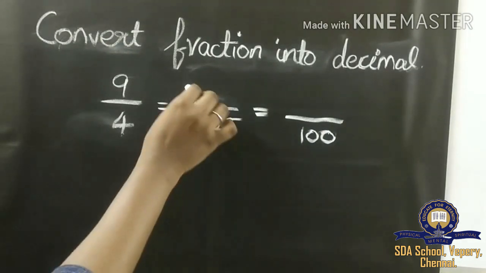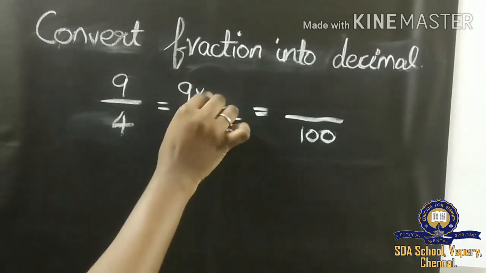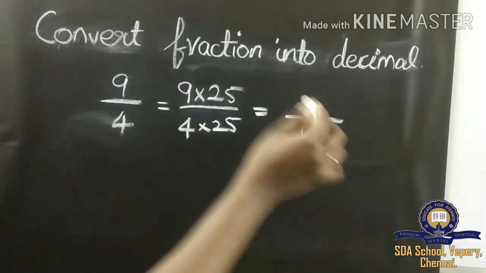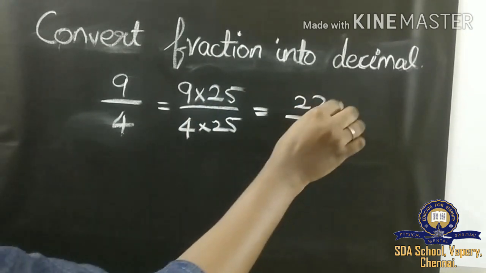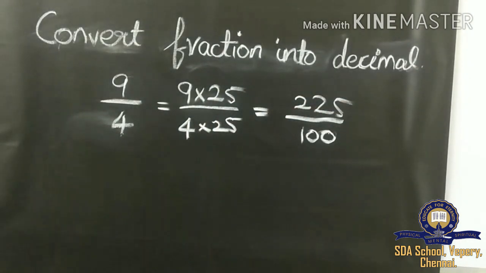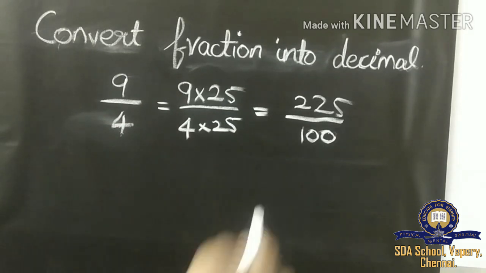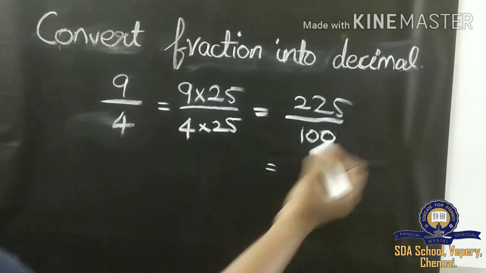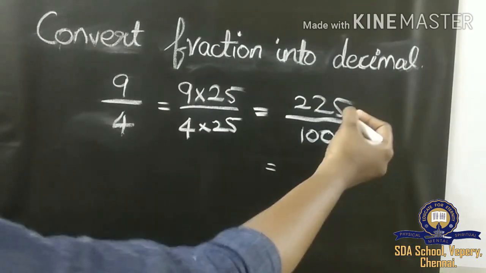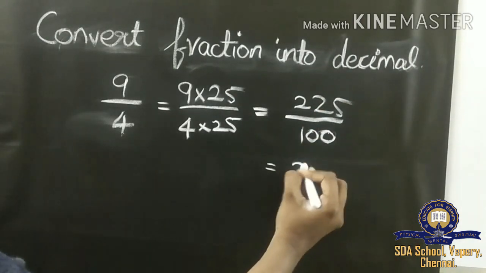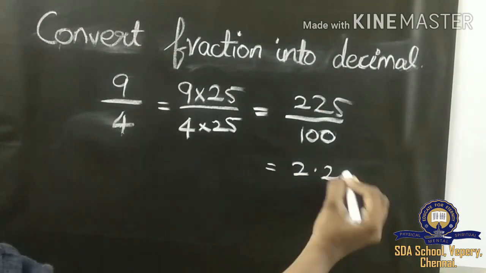If you multiply 9 into 25, the answer will be 225. Okay. Here you can see that in the denominator there are two zeros. So you should put the point before two numbers. From the right side you should put the point before two numbers, 1, 2. So the answer will be 2.25.